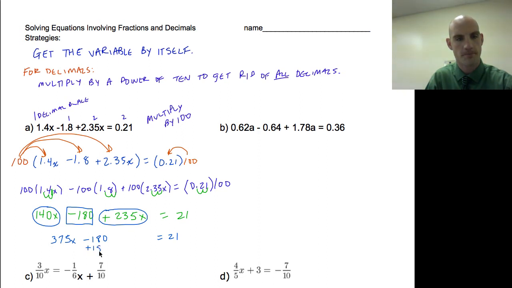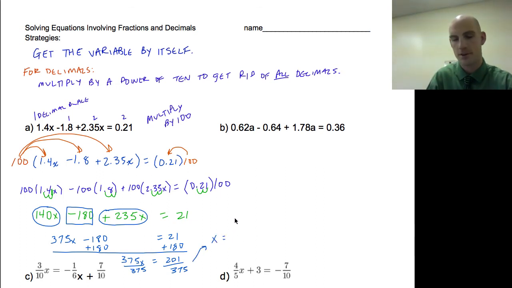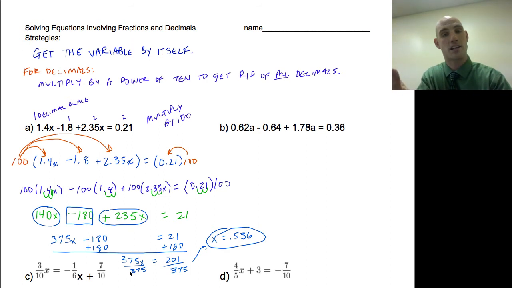I'll add 180, trying to get x by itself. So I end up with 375x equals 201, and I'll divide by 375 on both sides, and I'll use my calculator to come up with x is equal to 0.536. Okay? My answer is now a decimal, but I found it by using methods to clear the other decimals.